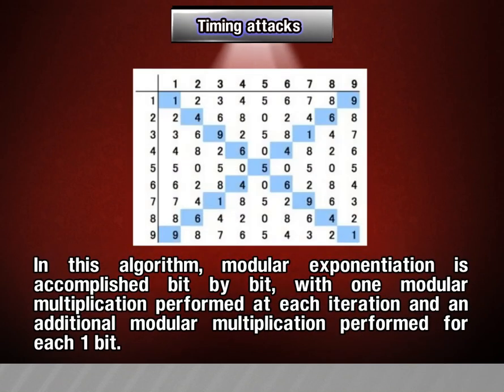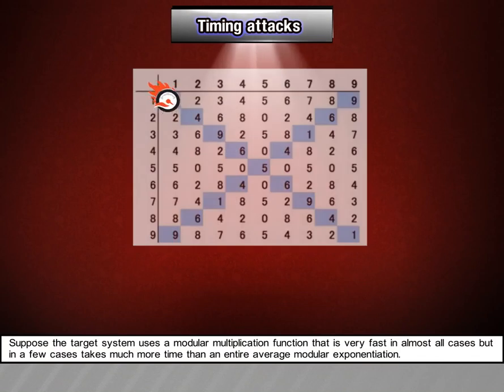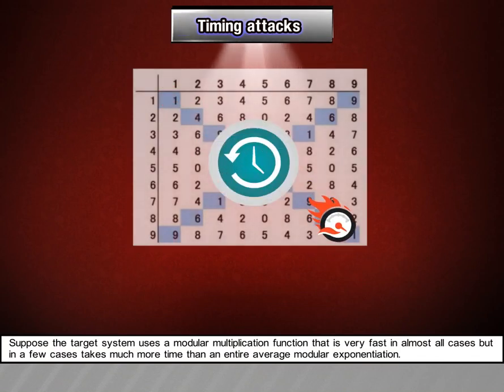In this algorithm, modular exponentiation is accomplished bit by bit, with one modular multiplication performed at each iteration and an additional modular multiplication performed for each 1 bit. Suppose the target system uses a modular multiplication function that is very fast in almost all cases, but in a few cases takes much more time than an entire average modular exponentiation.